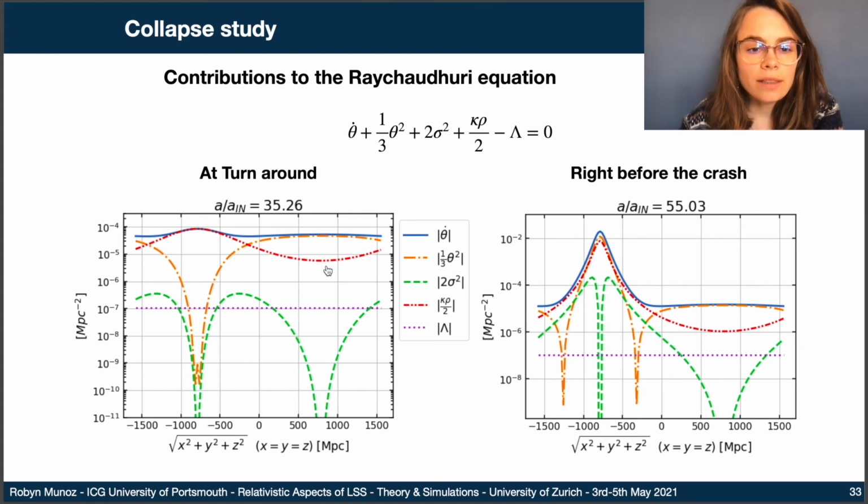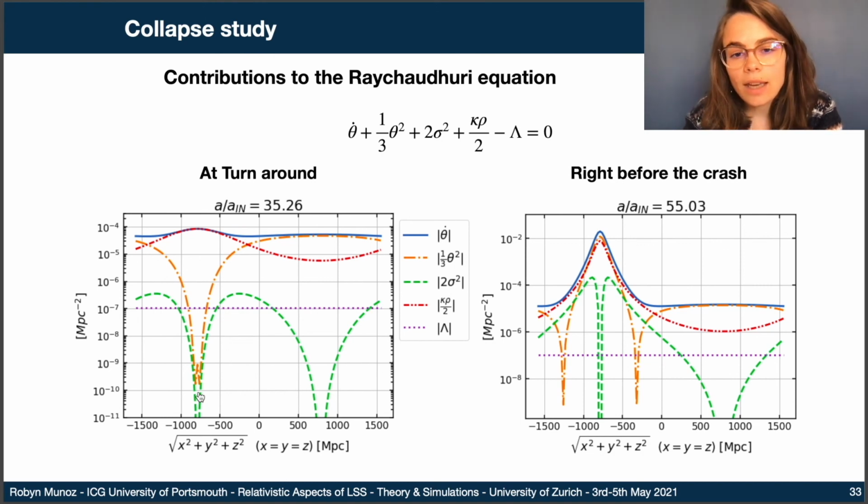And we look at this at 2 instances. If you look at the expansion, you see that this instance corresponds to the moment where the peak of the overdensity has the smallest expansion, so it is at the turnaround point. And then we look at the moment right before the crash, and we see that the expansion outlines a region that is much bigger, the infalling region.